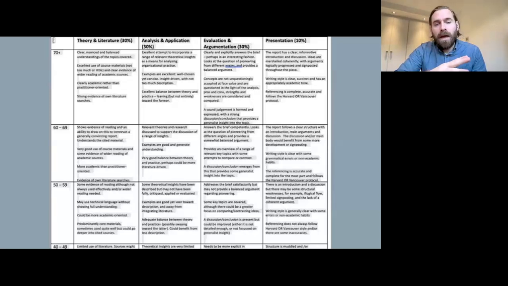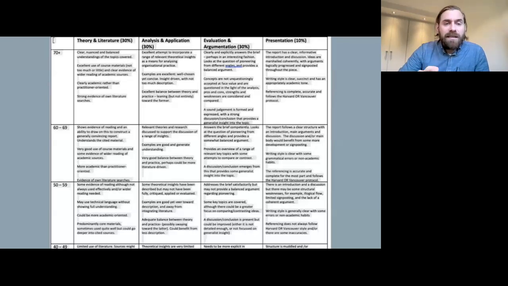Theory and literature, up to evaluation and argumentation, those 3 criteria are all worth 30% and presentation is worth 10%. So the way that we work out your mark is essentially, while we're marking your work, we will give you a mark for each of those criteria individually, and then your overall mark will be a combination of those 4 marks put together.